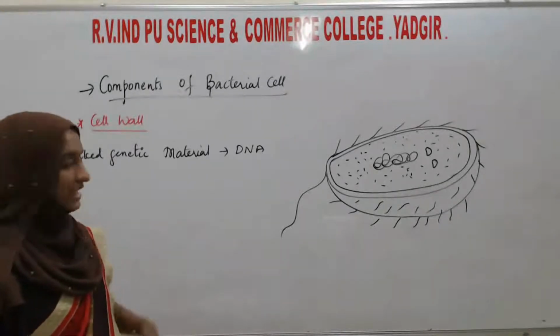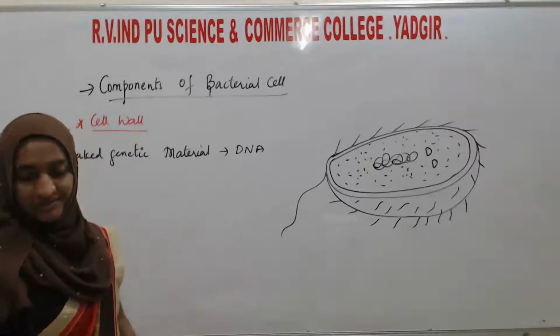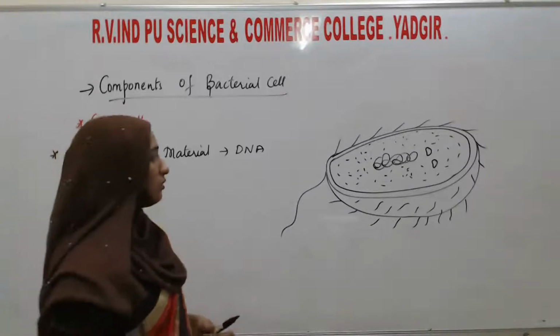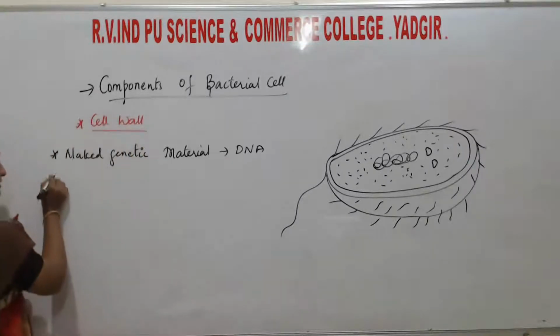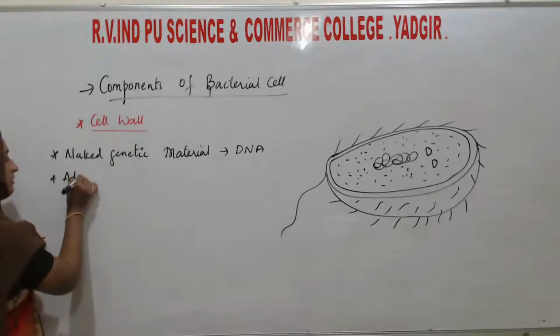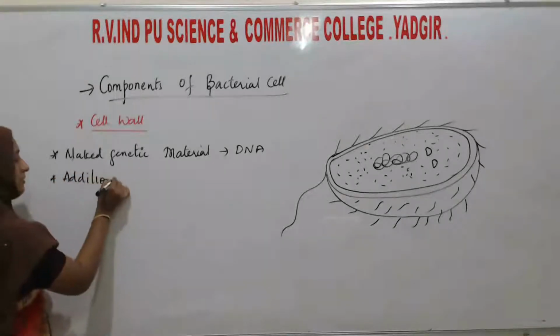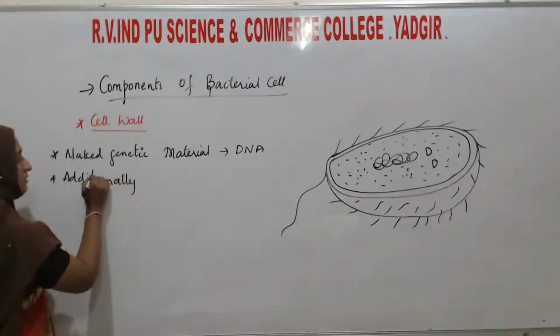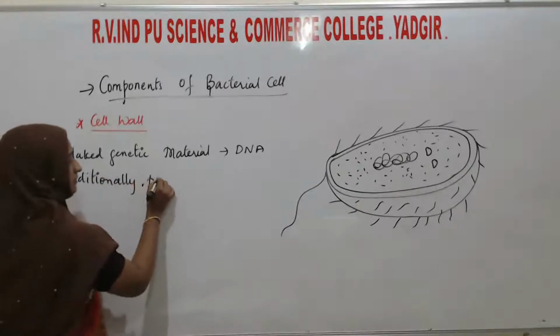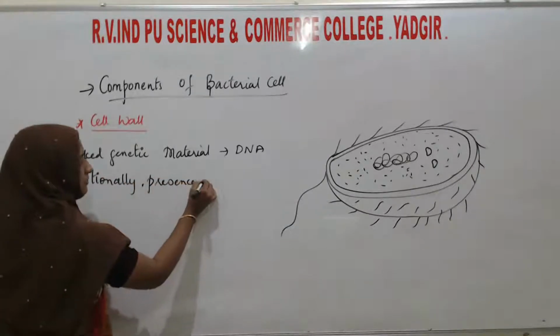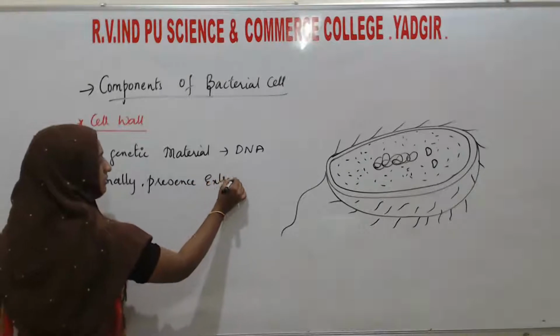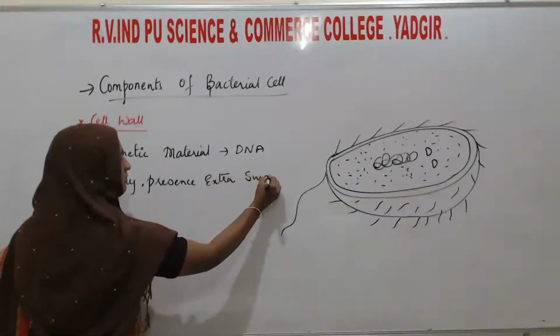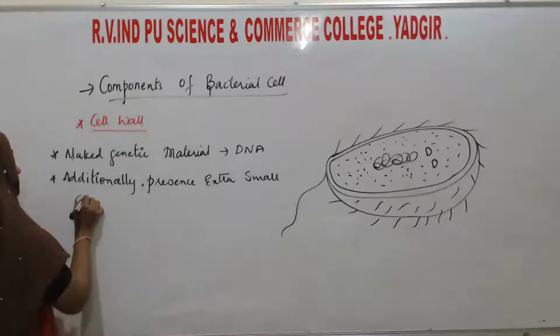Except for this DNA, there is additionally a presence of some extra small circular DNA.